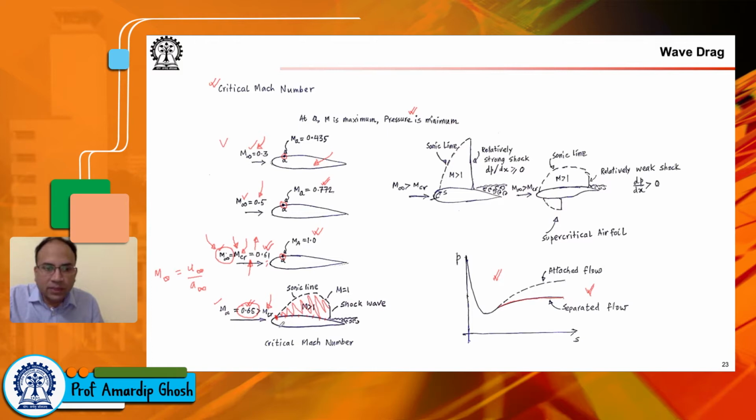In this case, we will further see that the Cp, because at high Mach numbers, your Cp actually gets accentuated. So then the balance of pressure between the forebody and the aft body becomes even worse, and that is the reason why, beyond critical Mach number, the wave drag can increase substantially.